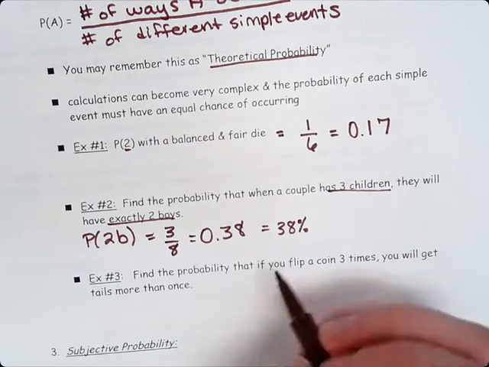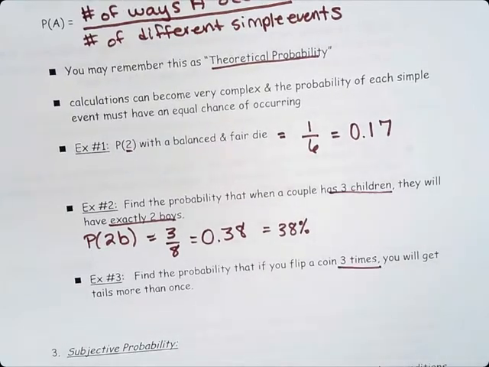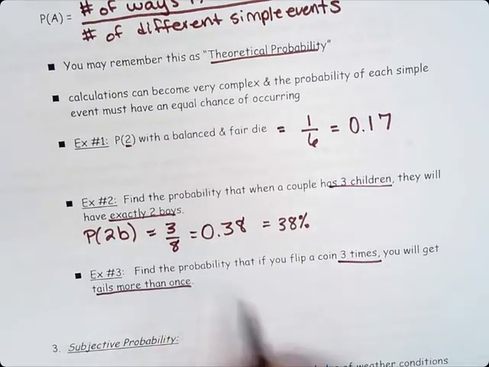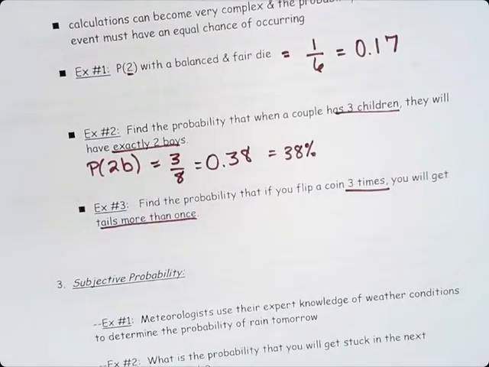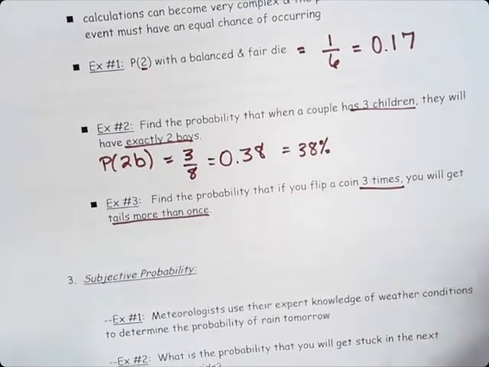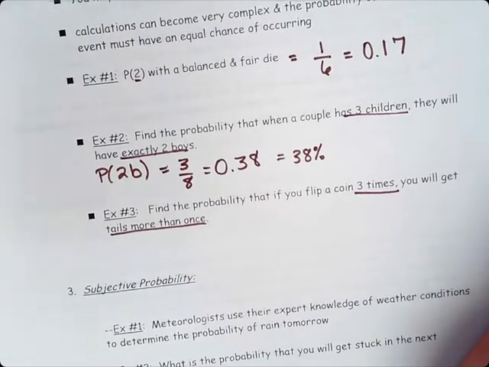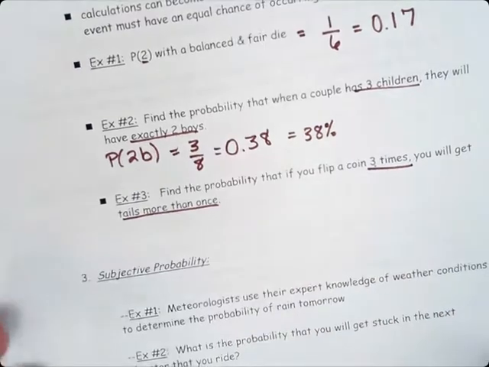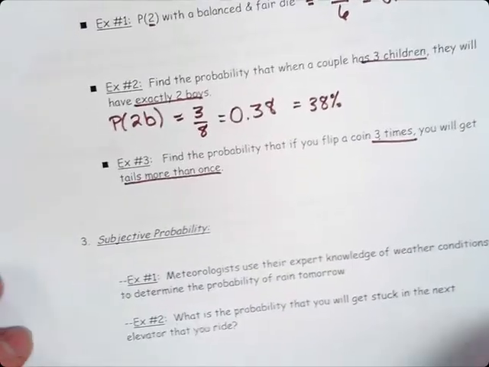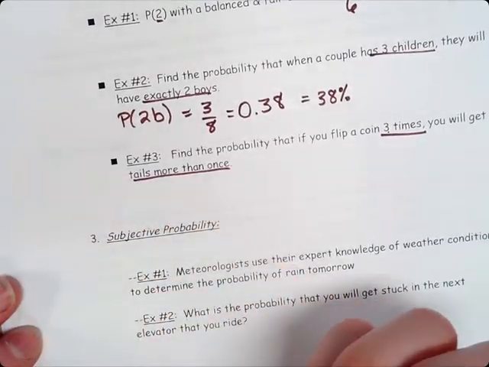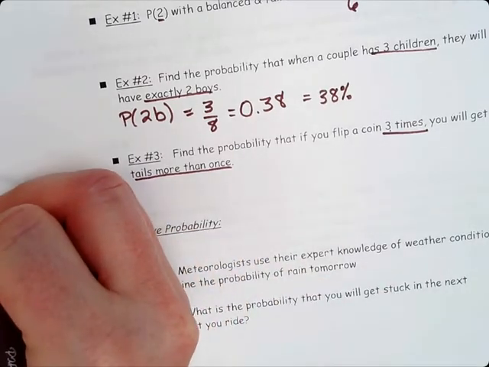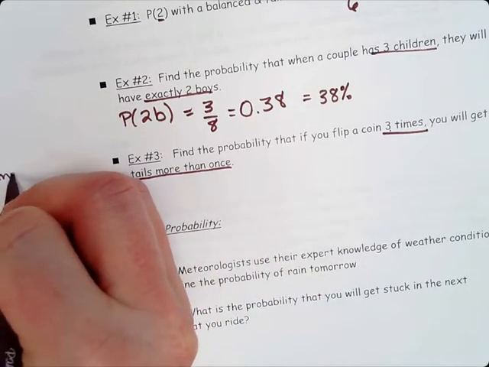Okay, find the probability that if you flip a coin 3 times, you will get a tails more than once. Okay, so we need to come up with our sample space. And then figure out how many times you get a tails more than once. So we're flipping it 3 times. So what are the outcomes that we could have? Here's our sample space.